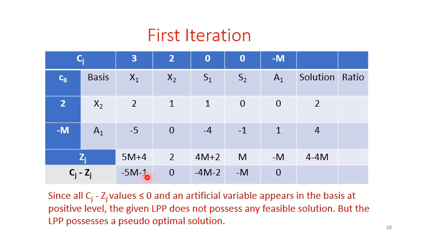Optimality condition is reached. But remember the three conditions which we specified initially. The first condition was that, depending upon maximization or minimization, the optimality conditions have to be satisfied. This is a maximization case, so Cj minus Zj value should be less than or equal to 0. That is true here. If an artificial variable does not appear in the solution and this Cj minus Zj condition is satisfied, then we say the problem has a basic optimal solution.